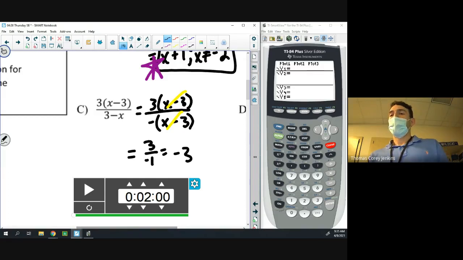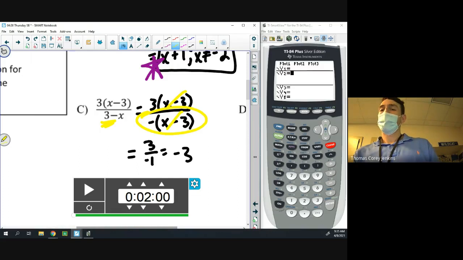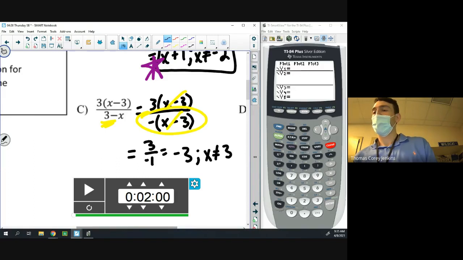All right, and then we look back here, or you could say here, either way, for our restriction, which is that this is going to be true for any x value except for 3. So x can't be 3.